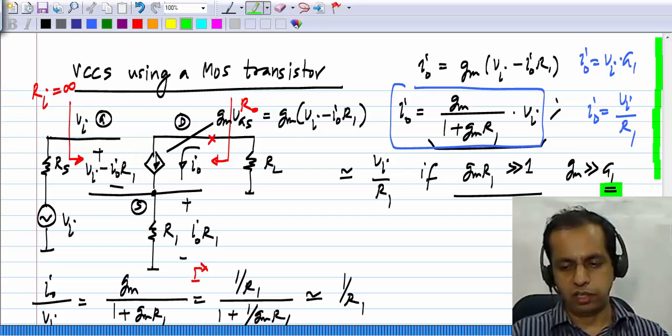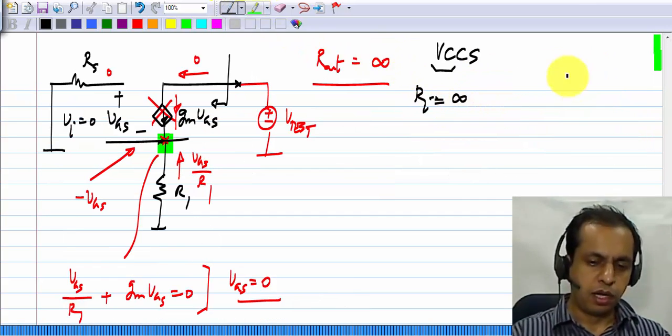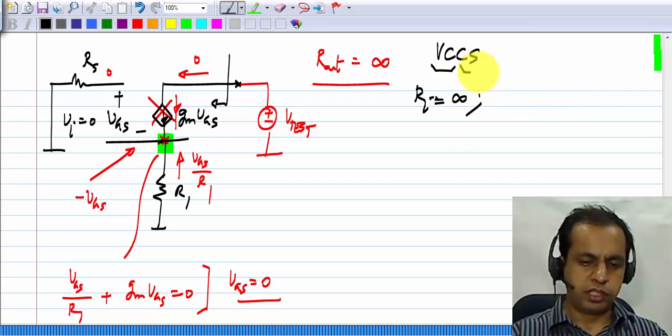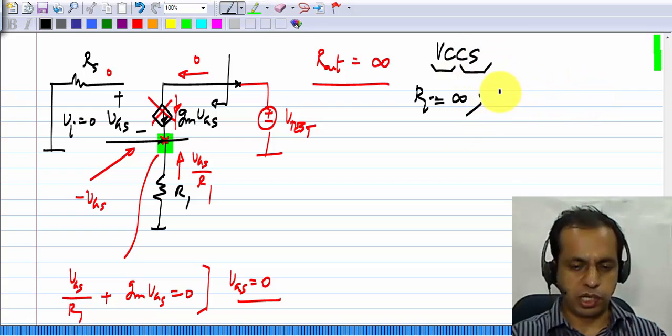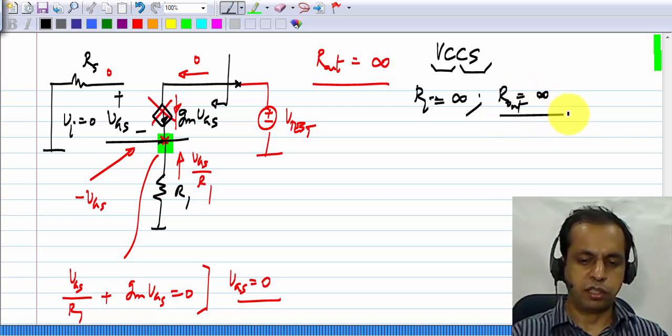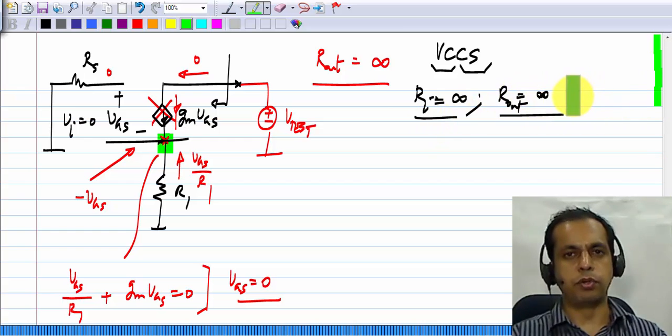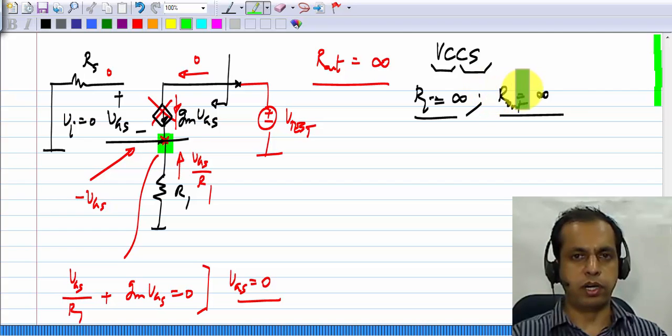So that's why in a voltage controlled device we would like Ri to be infinity. And it's a current source. A current source has an output resistance of infinity. Our circuit has an output resistance of infinity and it is the same as what we would like in an ideal voltage controlled current source.